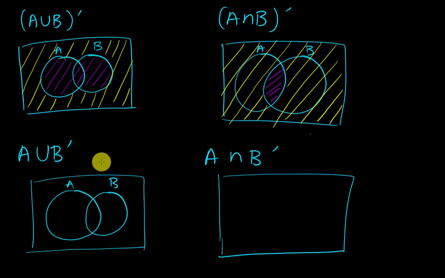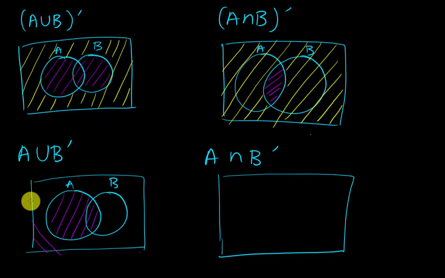If I say A union, when I say A, I must draw everything of A. And union, ignore it first. B complement means everything outside of B.